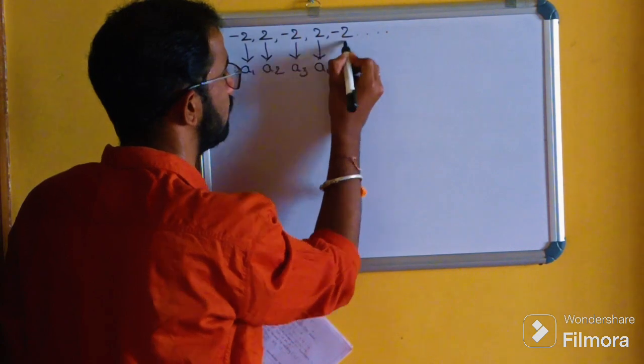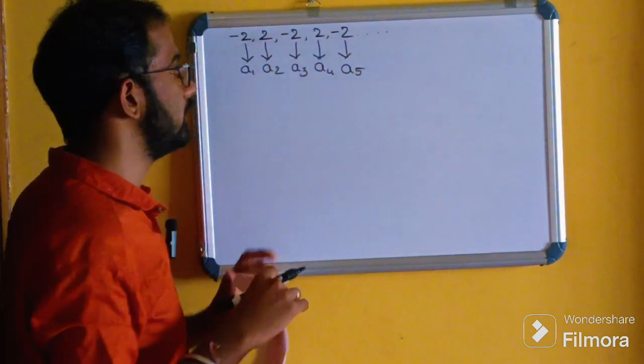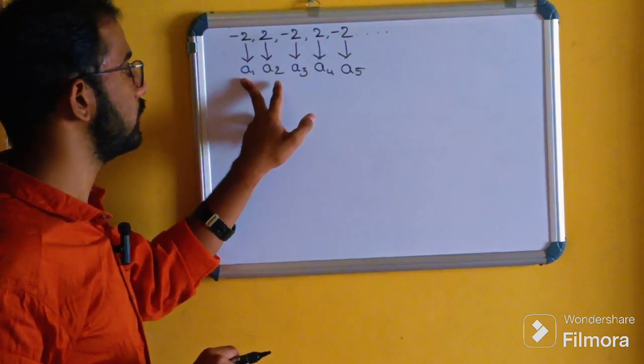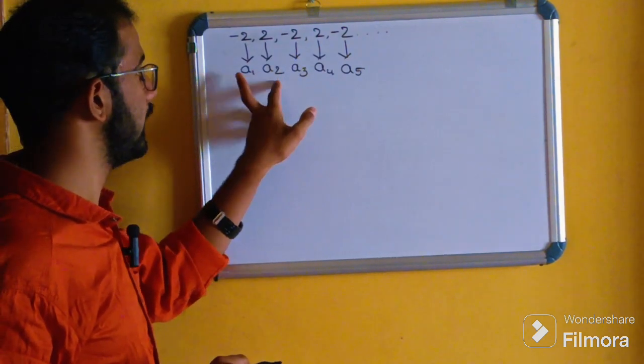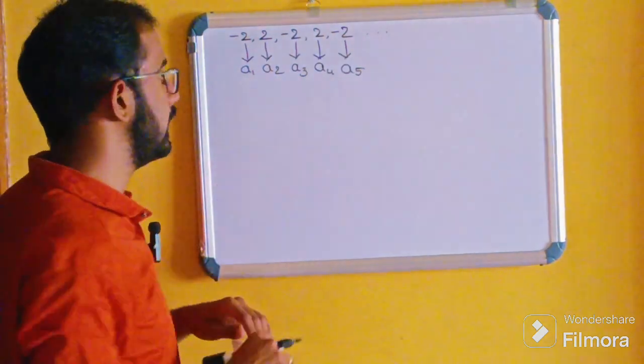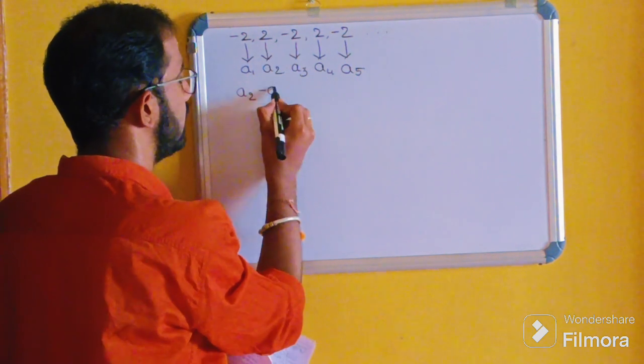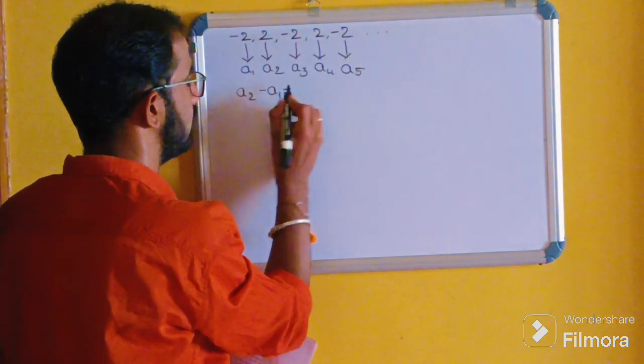Now, A3 minus A2. What is the value of A3? It is minus 2. And what is the value of A2? It is minus 2. Minus 2 minus 2. What is minus 2 minus 2? Minus 4.